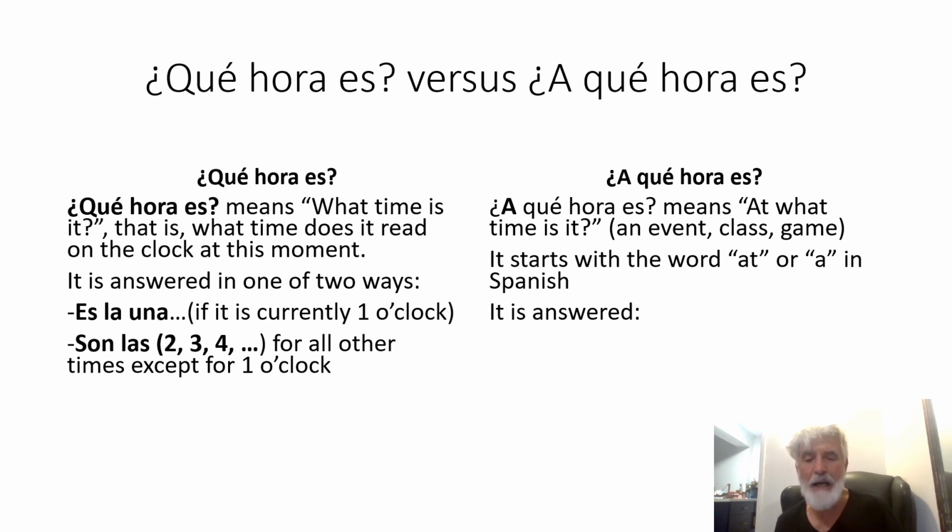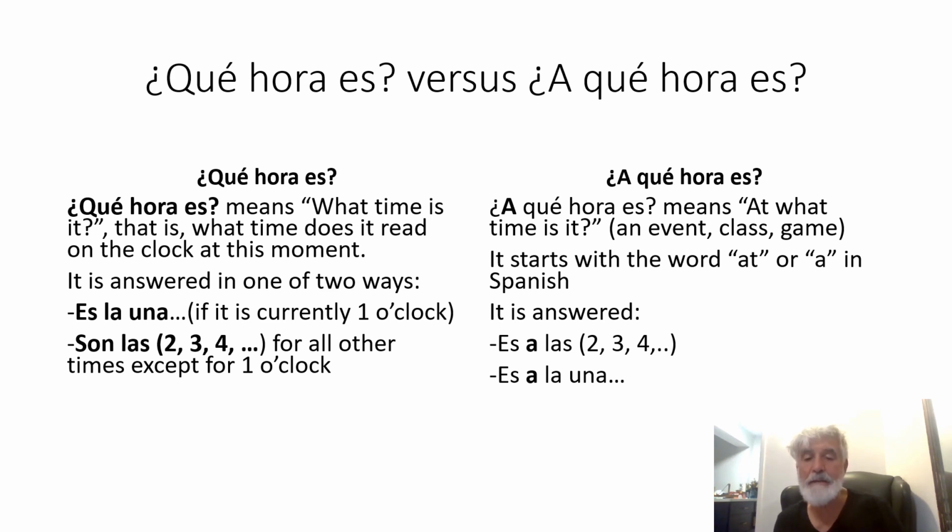Okay, and how would we answer it? Well, we would answer it back es, a, las, and then just give me the hour. Es a las dos, es a las tres, es a las cuatro, es a las 5:30. And if it's 1 o'clock, it would be es a la una, es a la una y media.